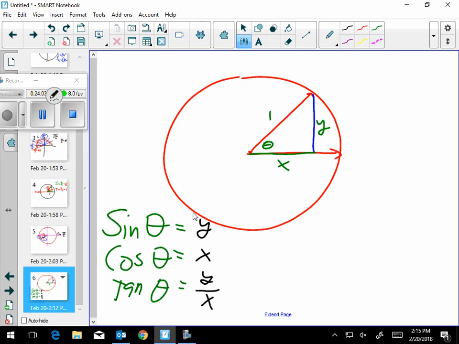If tangent is sine over cosine, and I want to solve for sine, I just multiply both sides by cosine. So sine is really tangent times cosine. Then cosine would be sine over x. So no, you've never thought of trig in these ways before.